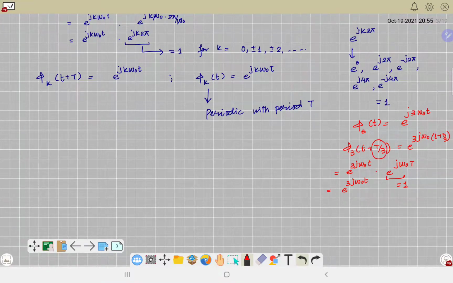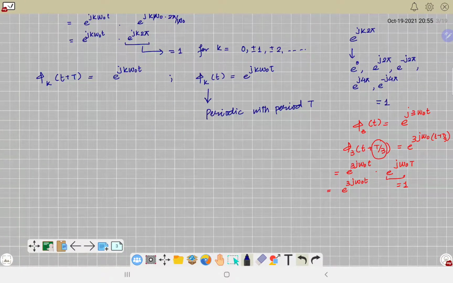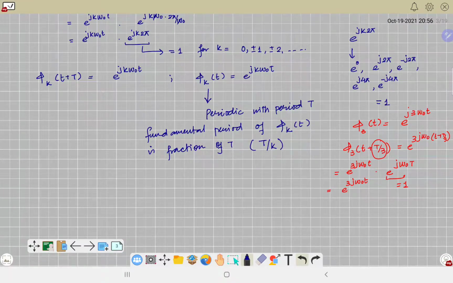So generally what happens is that when I define a new class of signals which are related to this kind, like this, it will have a period T, and the fundamental period of phi k of t is a fraction of T. In fact, it is T by k, like in this case T by 3, fine.